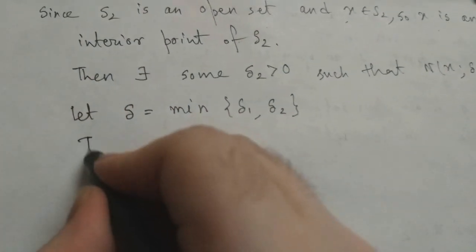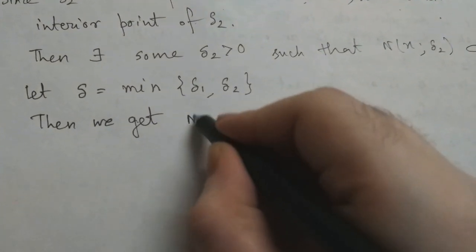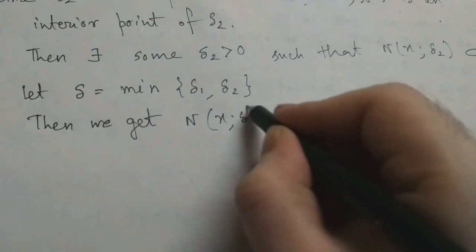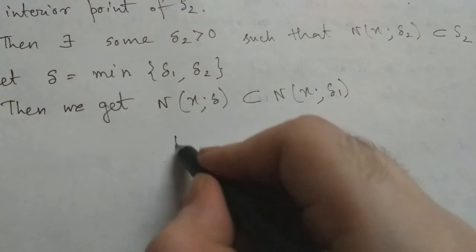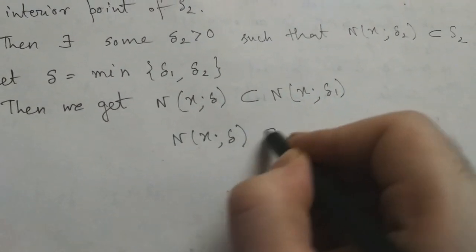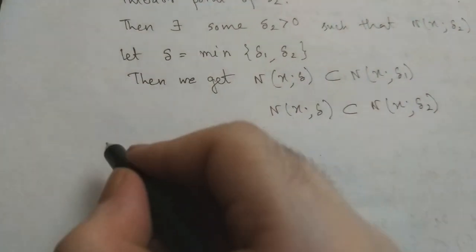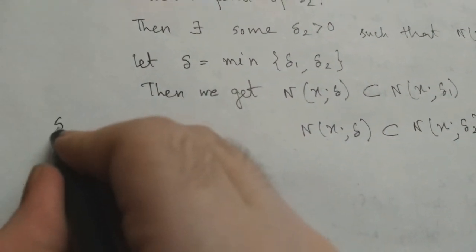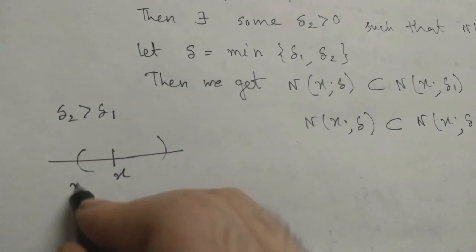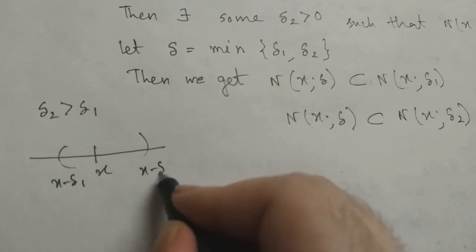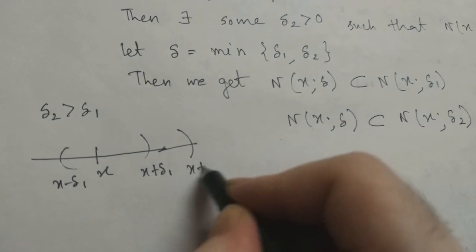Then we get delta neighborhood of x contained in delta 1 neighborhood of x, and delta neighborhood of x contained in delta 2 neighborhood of x. Suppose delta 2 is greater than delta 1, then this is the delta 1 neighborhood of x, and since delta 2 is greater than delta 1, this is the delta 2 neighborhood of x.